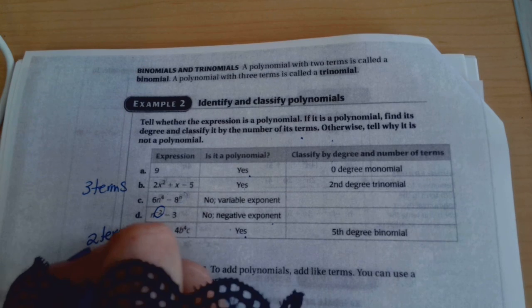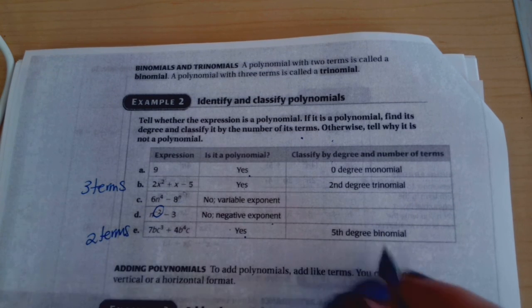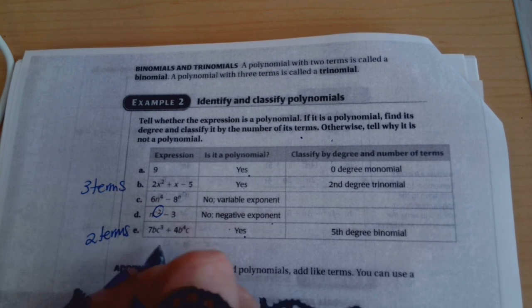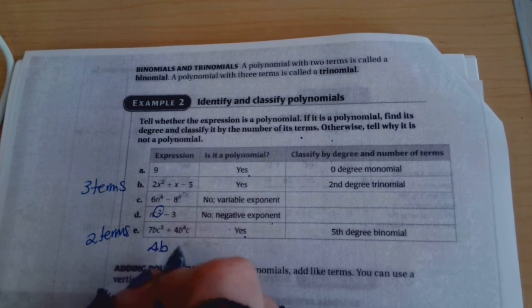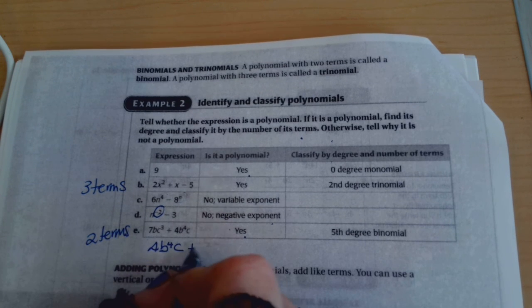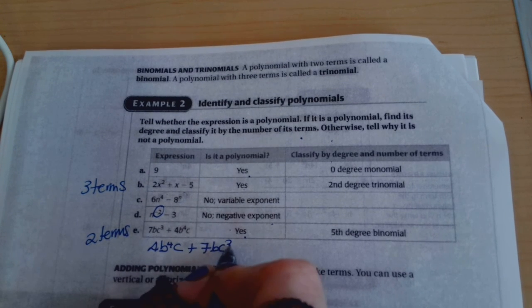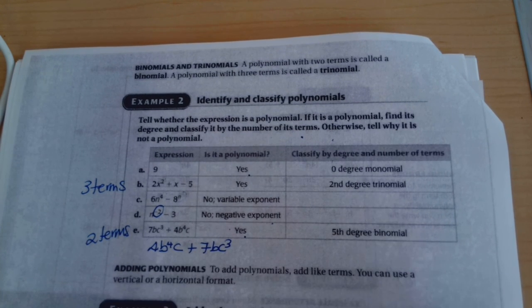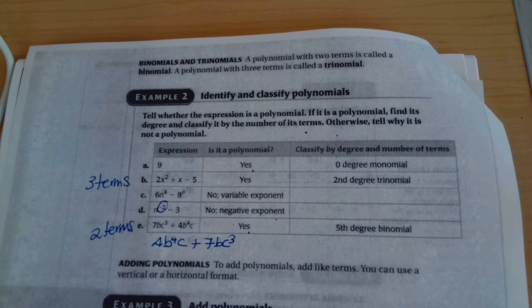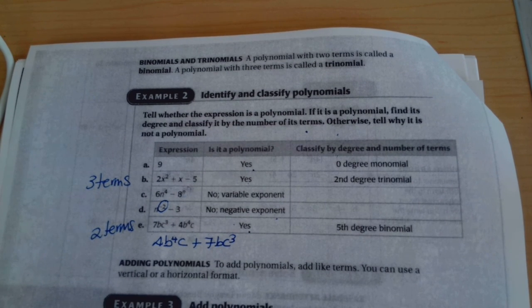So we call anything with 2 terms a binomial. And actually, if we were going to write it in descending order, we'd say 4b to the 4th c plus 7bc cubed. Okay? So you can see that those are going to be important to understand how to classify, understand what's a leading coefficient, a leading degree, and how to get all that.